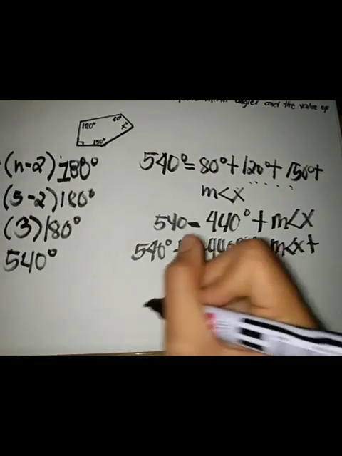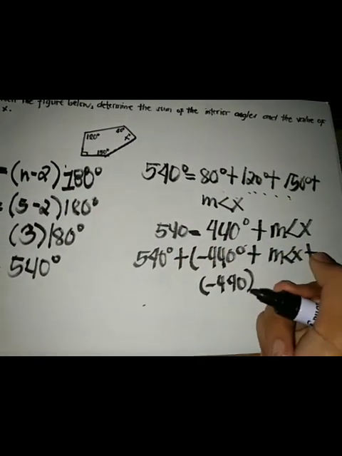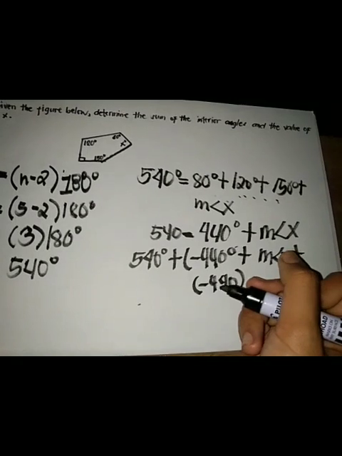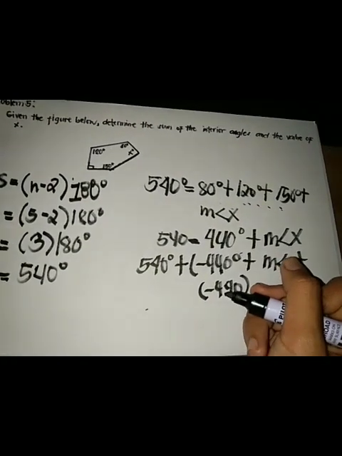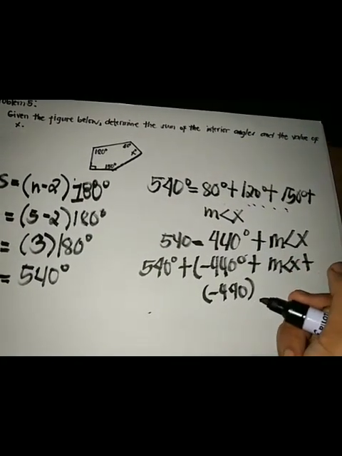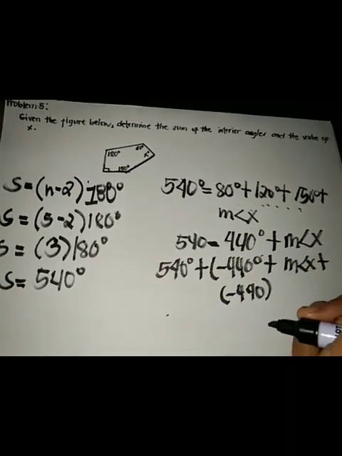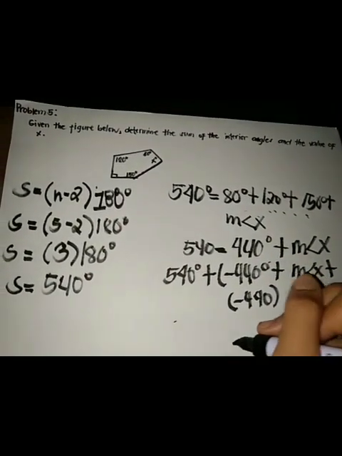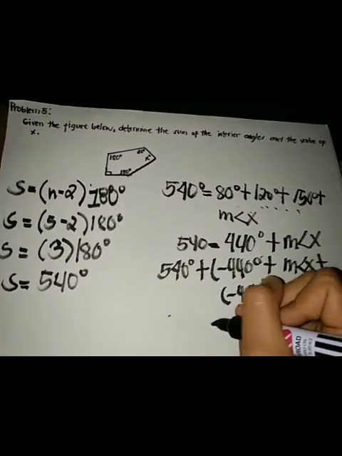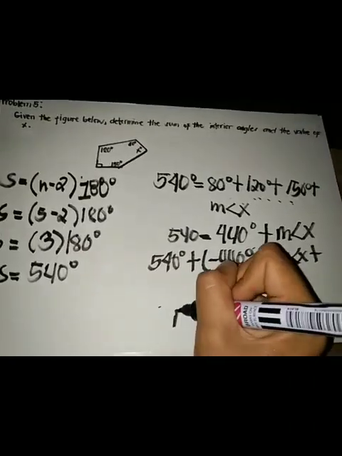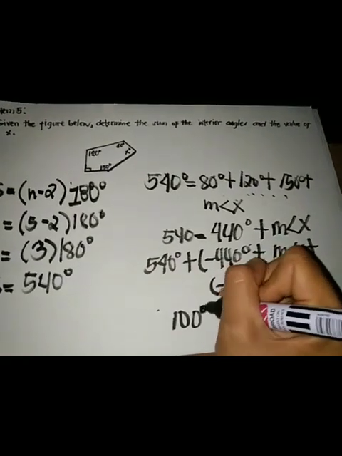So 540 degrees plus negative 440 is equal to 100 degrees.